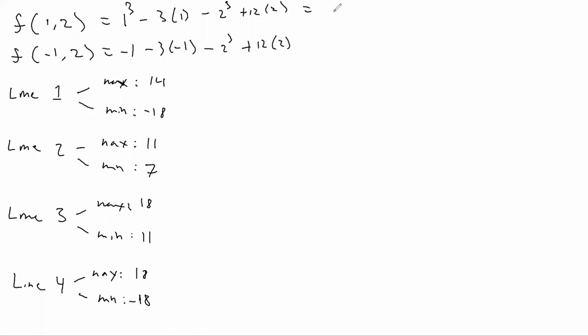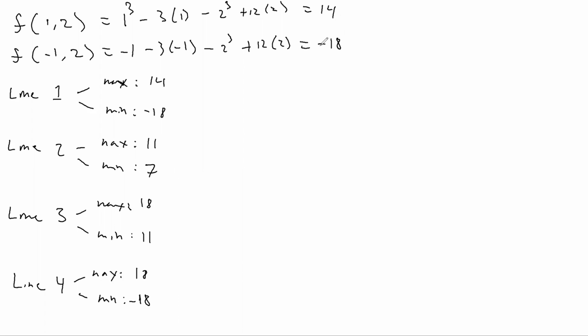All right, so we get 1 minus 3 minus 8, which is -10, and then -10 plus 24 is going to be 14. And then we have -1 plus 3, which is 2. 2 minus 8 is -6, and 24 minus 6 is -18.